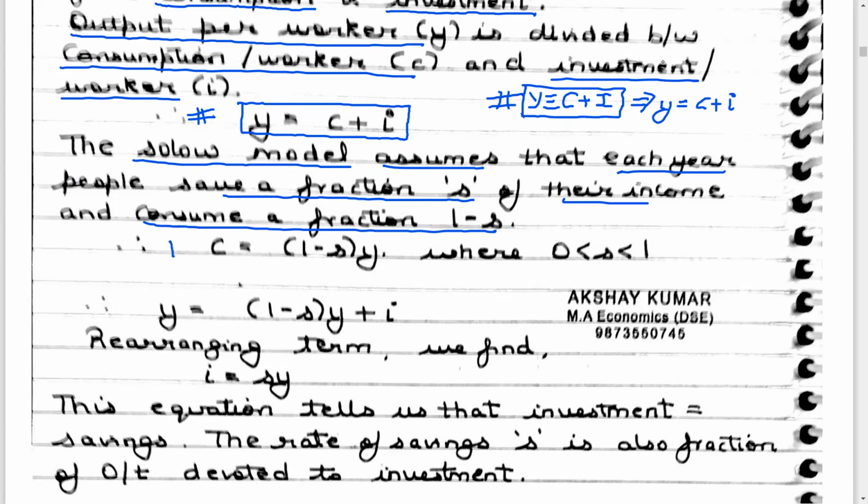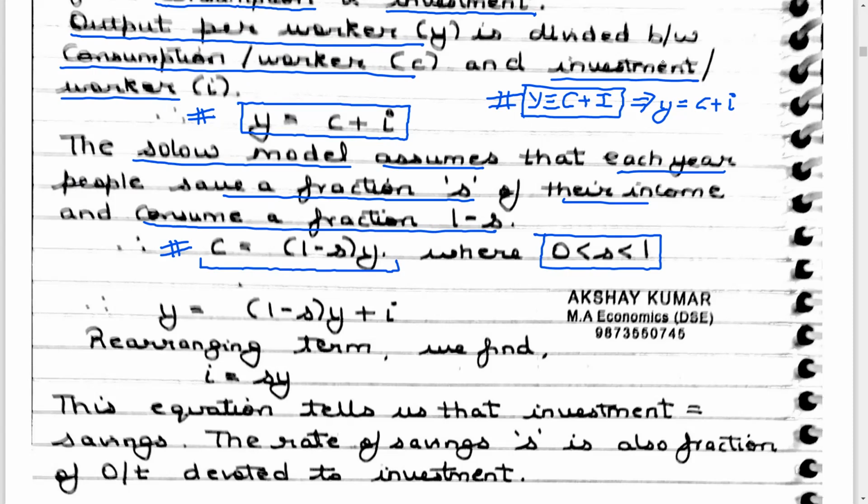So guys, my small c will be 1 minus s times y. Small c, which is consumption per worker, will be 1 minus the savings rate times the output per worker, where the savings rate lies between 0 and 1.